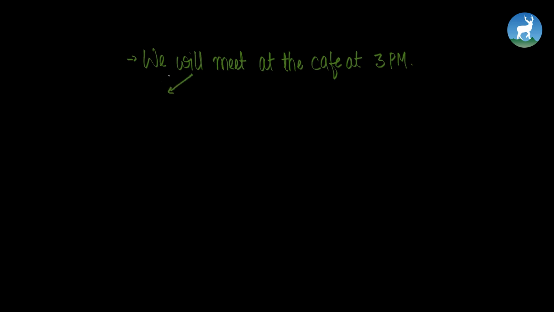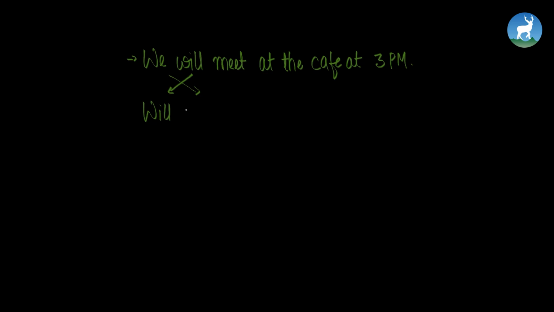Let's take another example to clarify any misconceptions if you have. So, we will meet at the cafe at 3 p.m. So, this is a sentence. Now we're going to convert this into a question, and the question is such that the answer will be either yes or no. Just invert it.